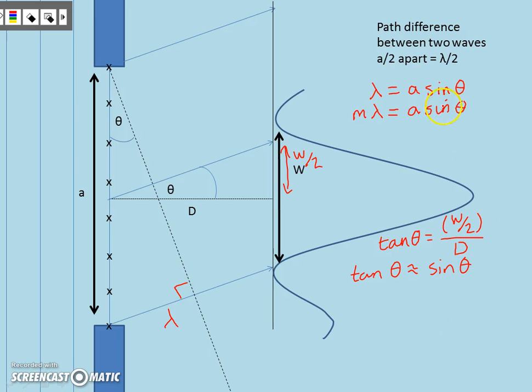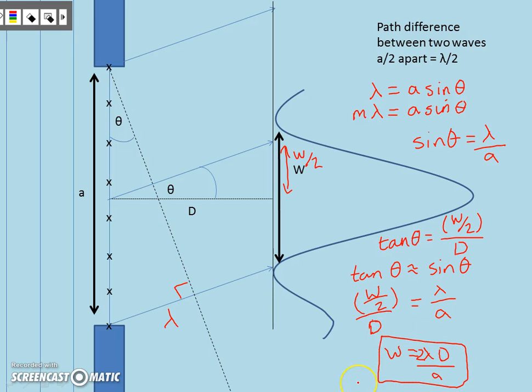And we know that sine theta is equal to lambda over A. So we can put these together: W over 2 over D equals lambda over A. We can rearrange this to get our expression for W. We end up with W equals 2 lambda D over A, which is our expression for the width of the central maximum.